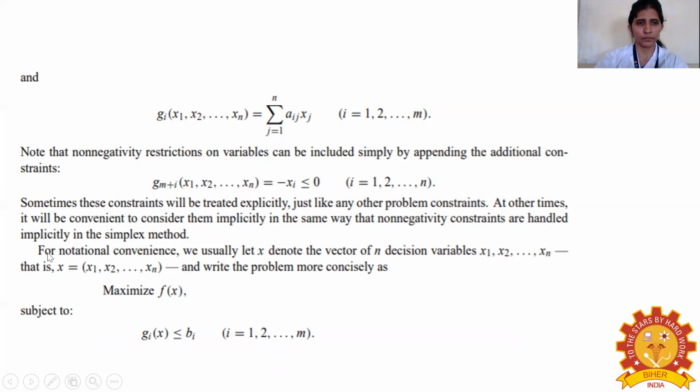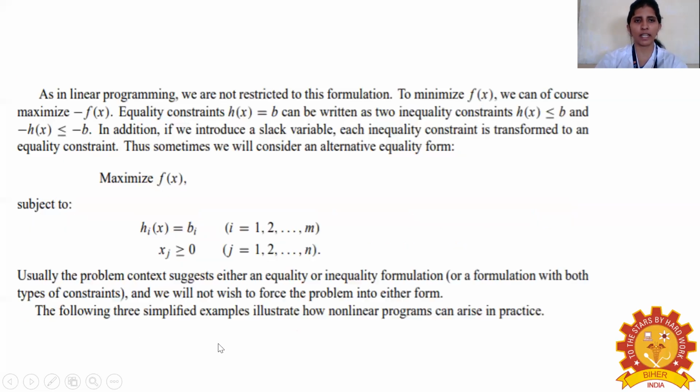Okay, so for notational convenience, we usually let x denote the vector of n decision variables x1, x2 to xn. That is x will be equal to x1, x2 to xn. So we write a short notation for this: we maximize f of x subject to gi of x less than or equal to bi.